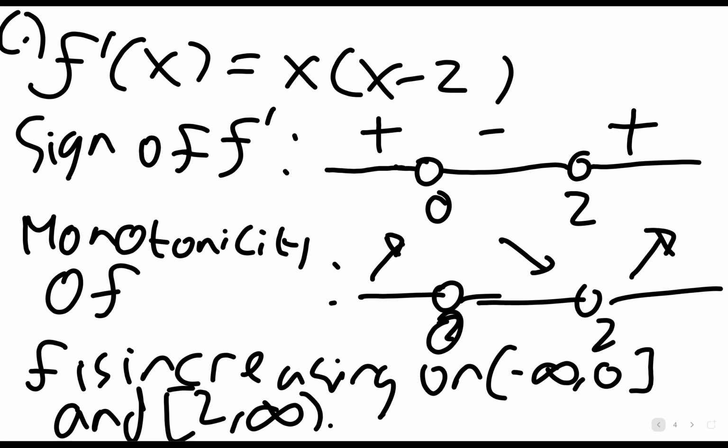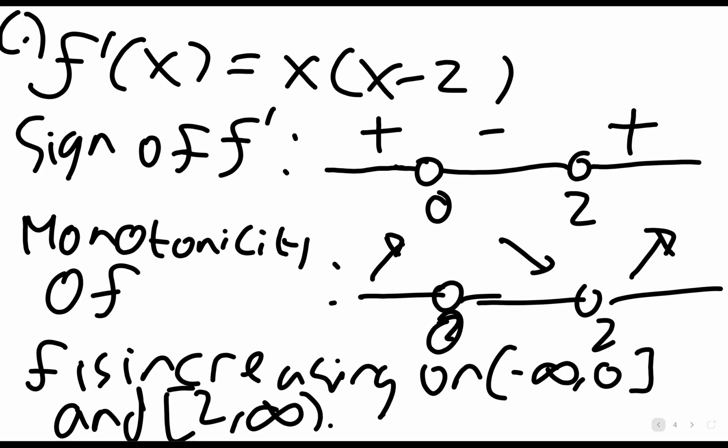In that case, now we consider f prime of x equals 0, so when x equals 0 or 2. Let us consider x equals 0. To the left of 0, on minus infinity until 0, the function is increasing.